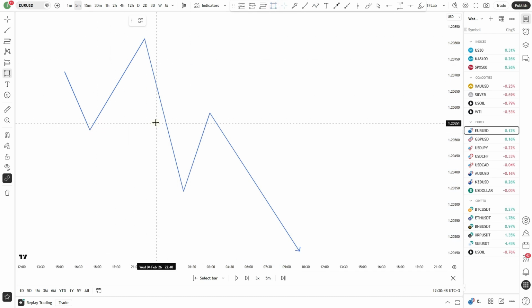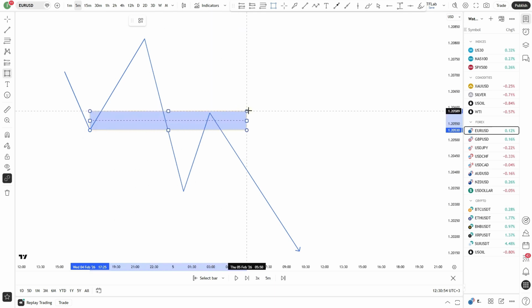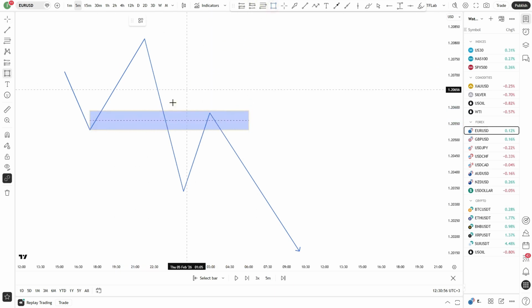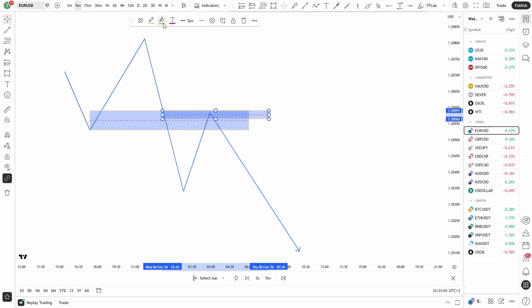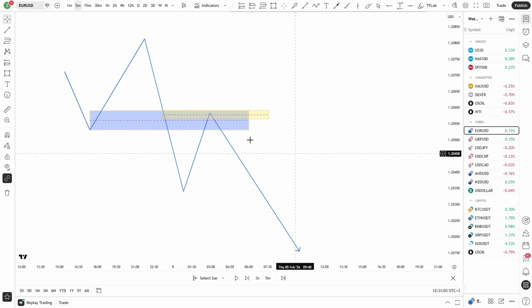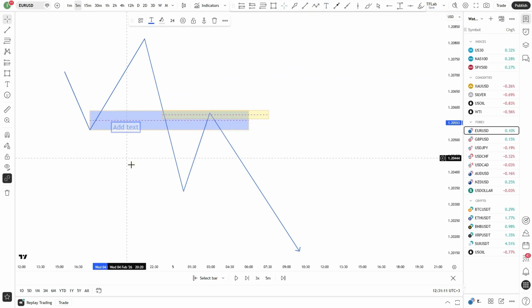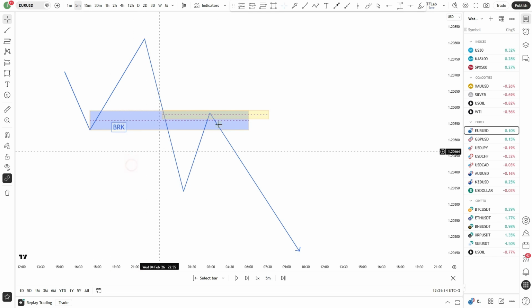Here, I really need to have a breaker right here, which should be associated with an FVG that was in this area. So let me change the color of the FVG. Now this color means that this part, which is in my low, is a breaker. That's what I'm marking. As you can see, the breaker here, when it was broken, became associated with an FVG pattern.